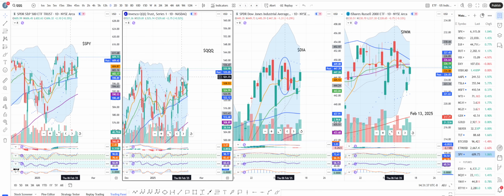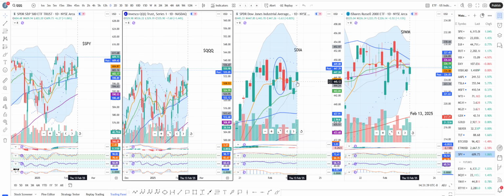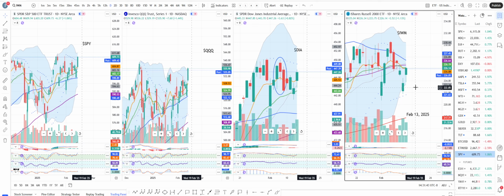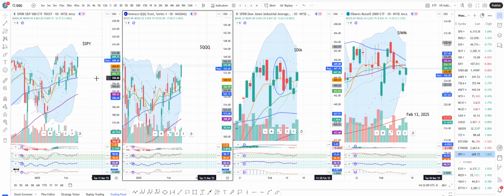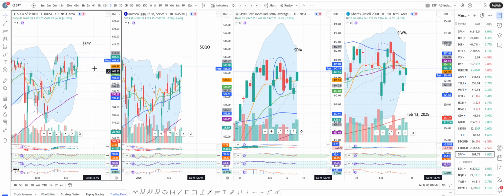I cannot tell the same story about Dow Jones and Russell. So far, these two remain somewhat neutral, very close to neutral, slightly bearish. But tomorrow it might change if we see a stronger move higher. So far, Nasdaq and S&P are bullish for tomorrow.